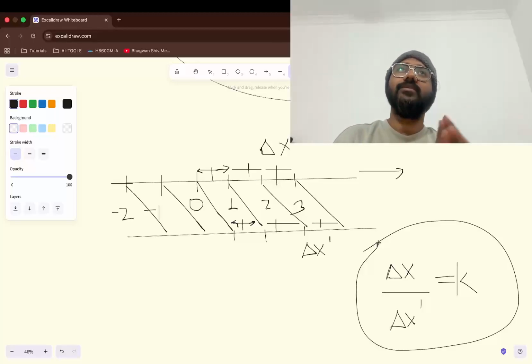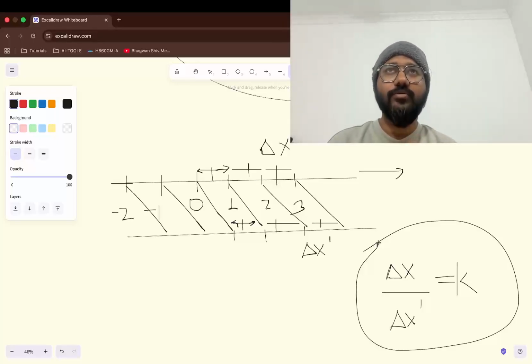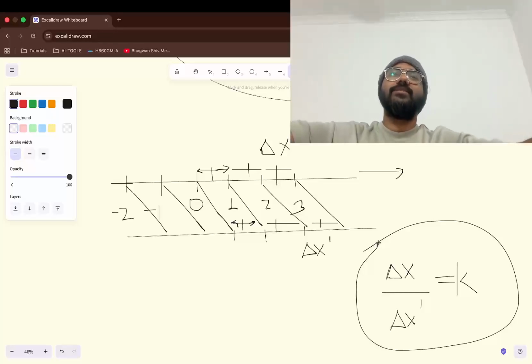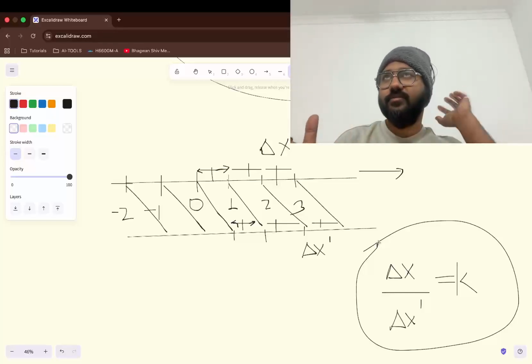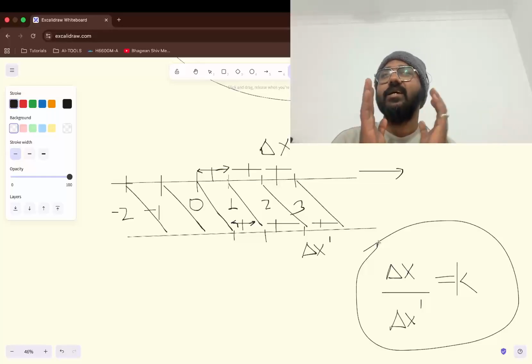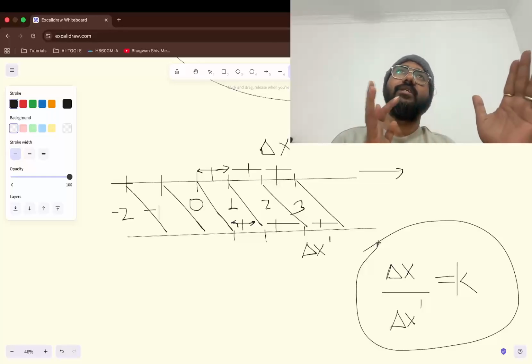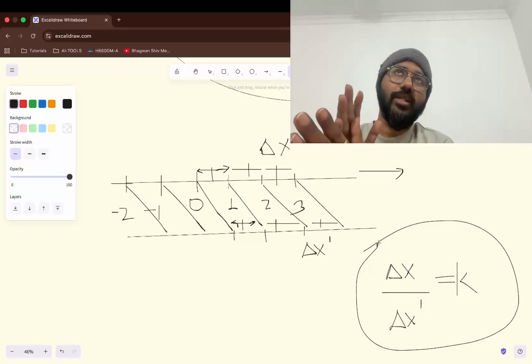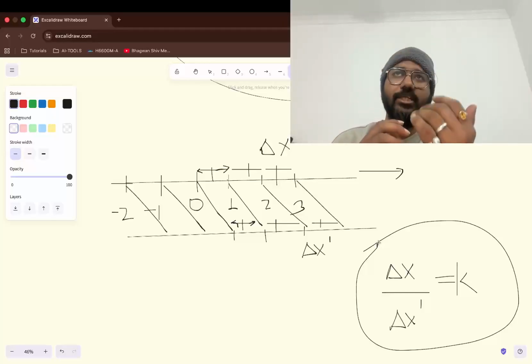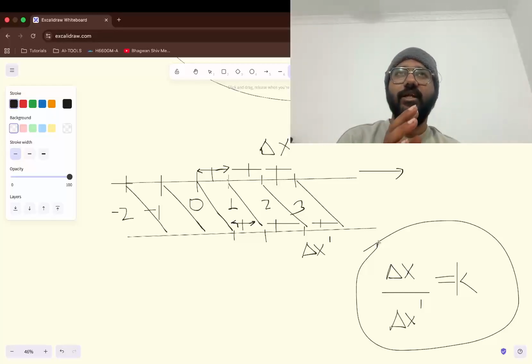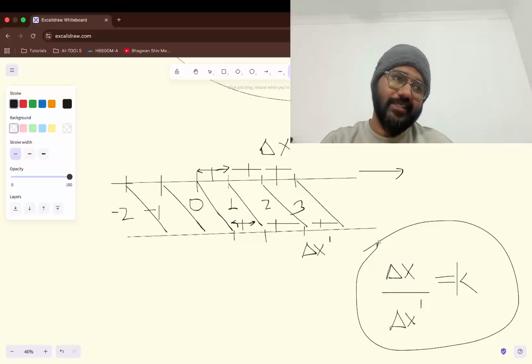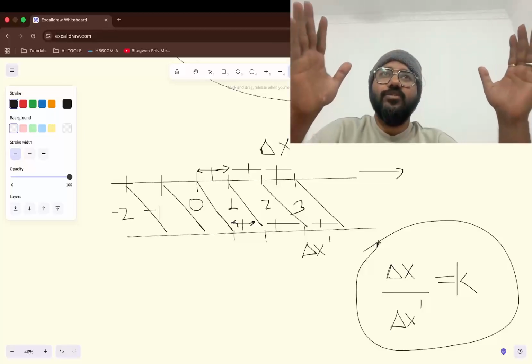Now after the transformation, what you will do is put it against the initial points, and you will see, for example, if the distance between 2 to 1 was 1 unit initially, how much is it right now? Let's say initially it was 1 meter.